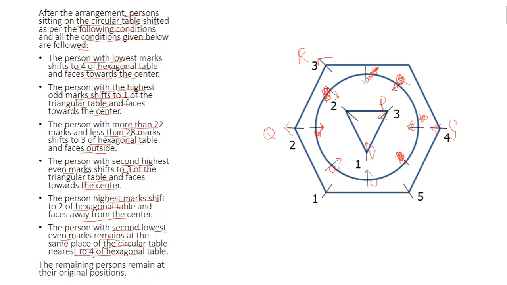It will be shifted from the same place of the circular table to 4 of the hexagon, so T would be here.